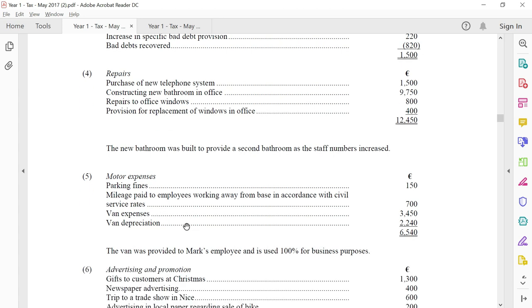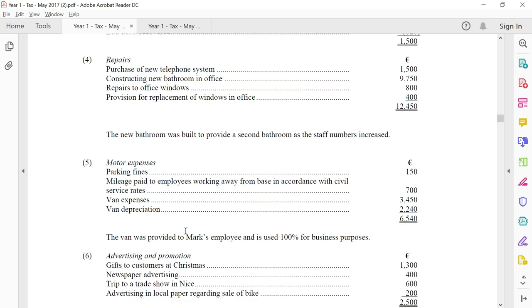My next area is repairs. So the purchase of a new telephone system, well, that's not a repair because it's called capital expenditure. Buying a new asset is capital expenditure. So a new telephone system, or any new equipment that you buy, any capital expenditure is never allowed.